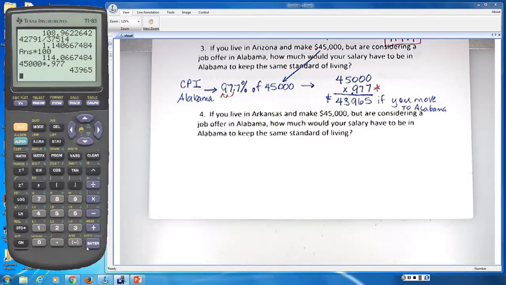This table up here implies that we live in Alabama or Arizona, so that's our point of reference. Wherever you're standing is your point of reference. So it's saying that we're in Arkansas, so we get a new index number based on how we live in Arkansas.